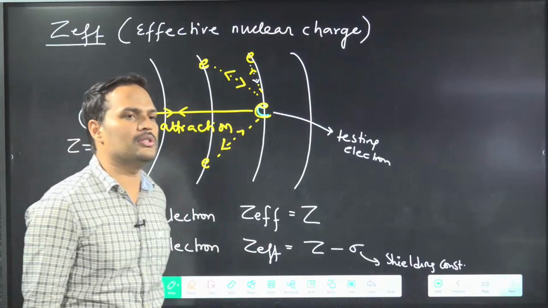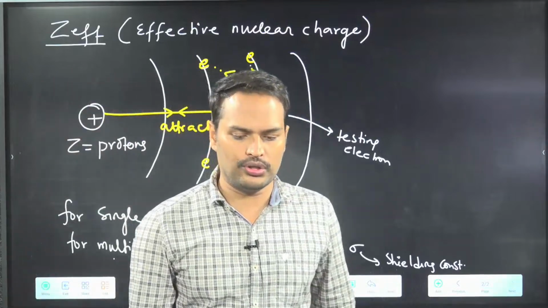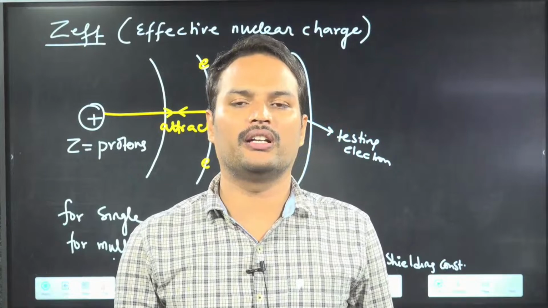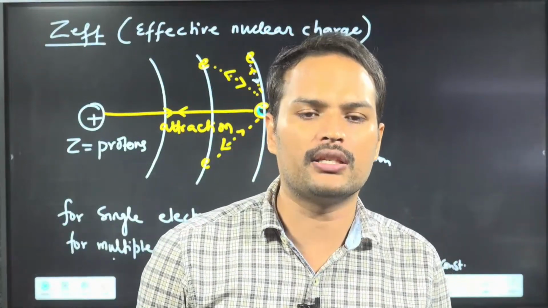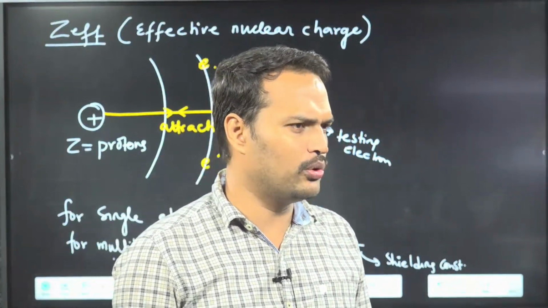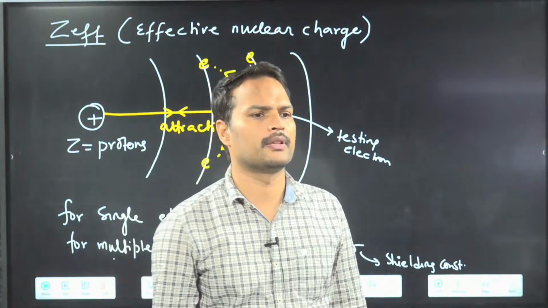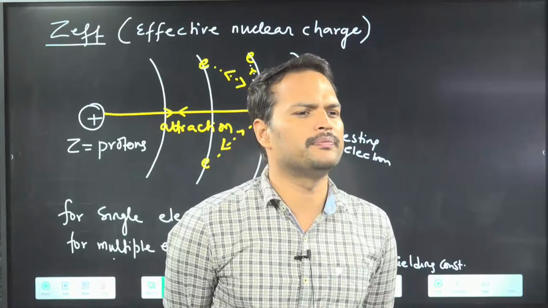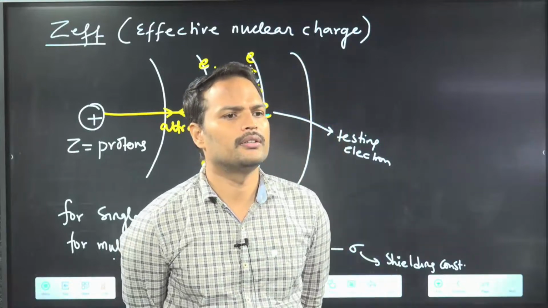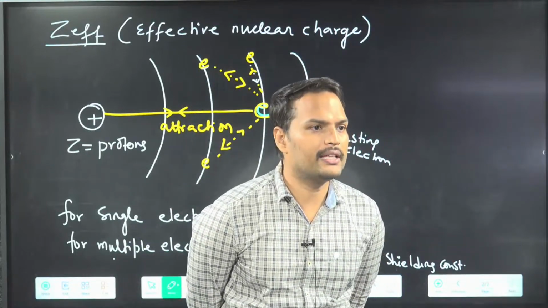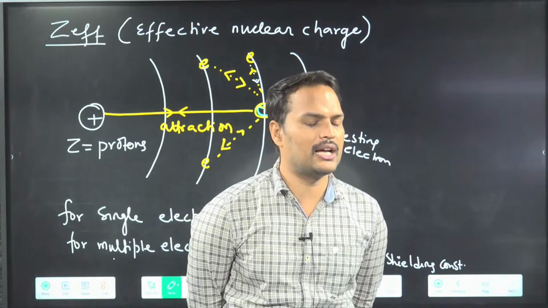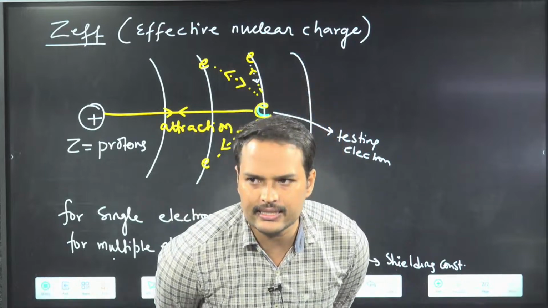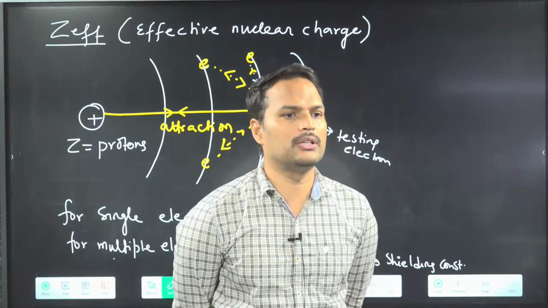Why has the effective nuclear charge decreased? If I ask you this question, why effective nuclear charge is less than the normal nuclear charge, what will you say? Everyone try to respond to this question. Why is the effective nuclear charge comparatively lesser than the normal?